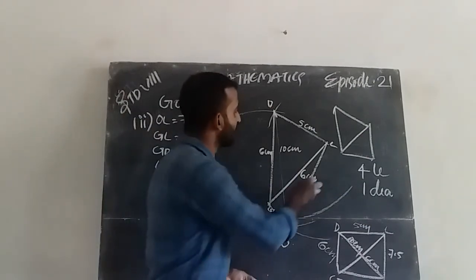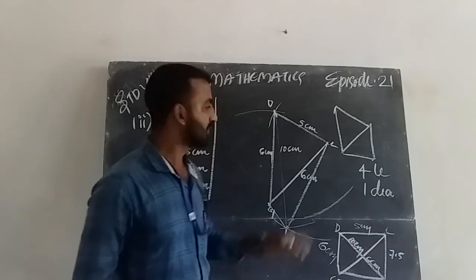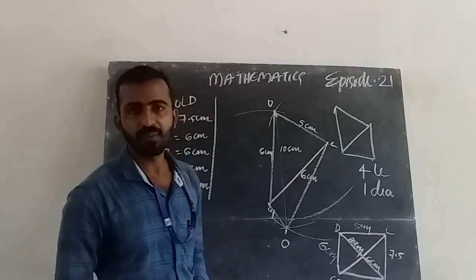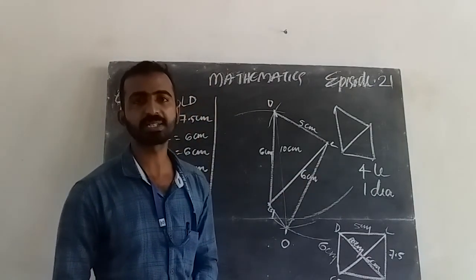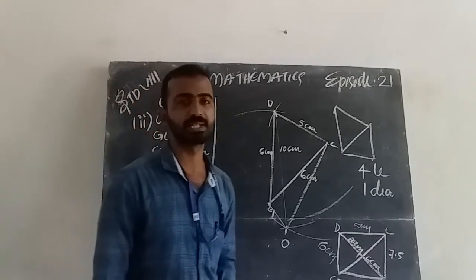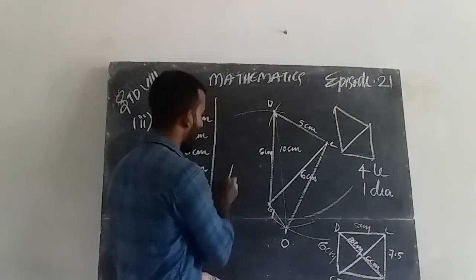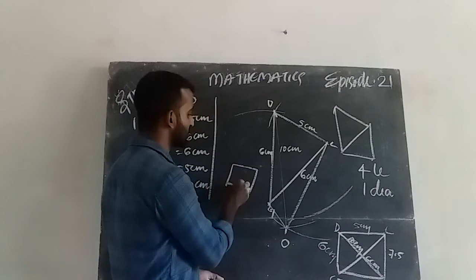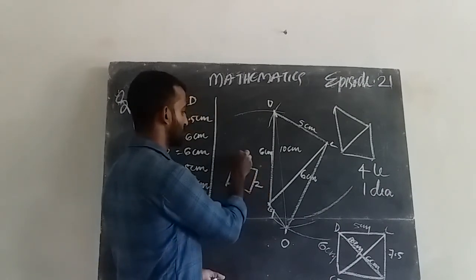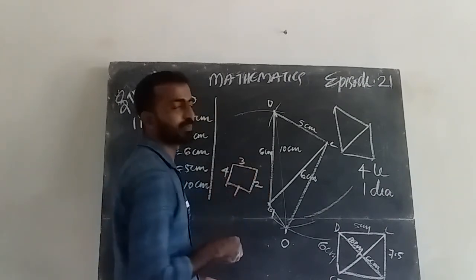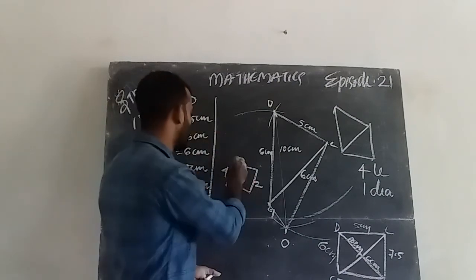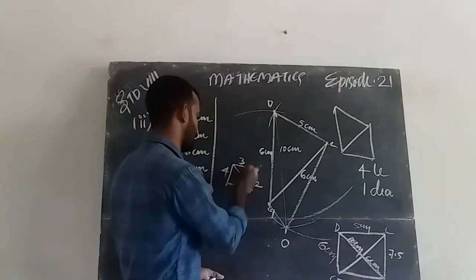Next, we study drawing a quadrilateral with two diagonal measurements and three sides. A quadrilateral has four sides, 1, 2, 3, 4, is it? And two diagonals also.